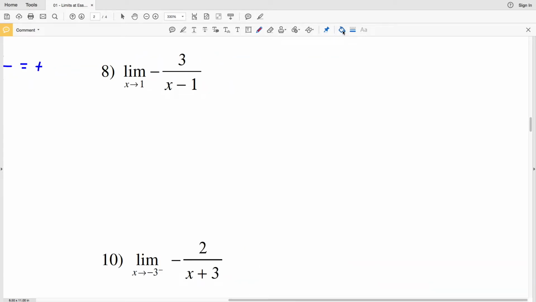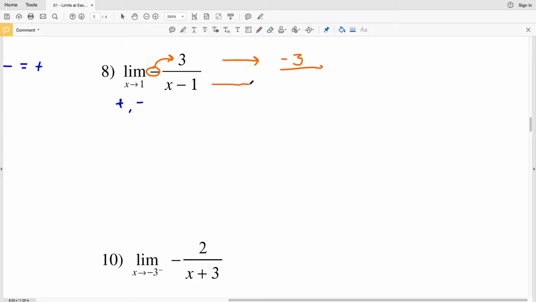Now in number 8, we have the limit as x approaches 1. But note, we're not given whether it's approaching 1 from the right or left, and I can tell that x equals 1 is indeed a vertical asymptote. So let's see if approaching from the right is equivalent to the limit approaching from the left. The numerator is approaching -3, bringing that negative into the numerator.